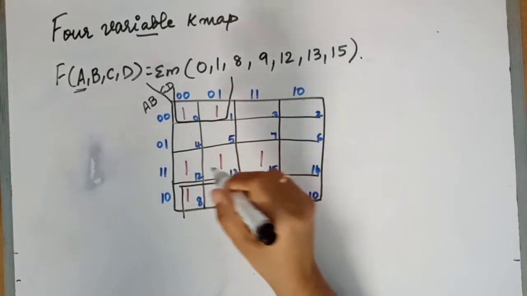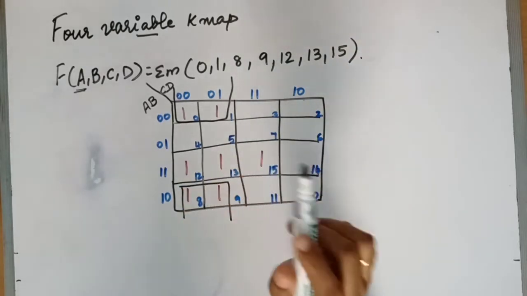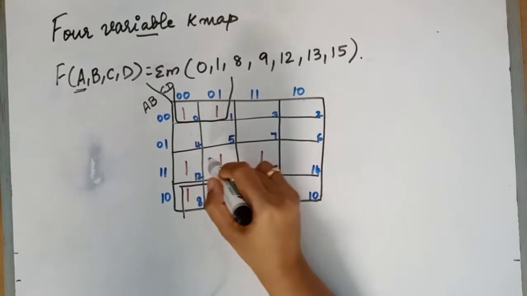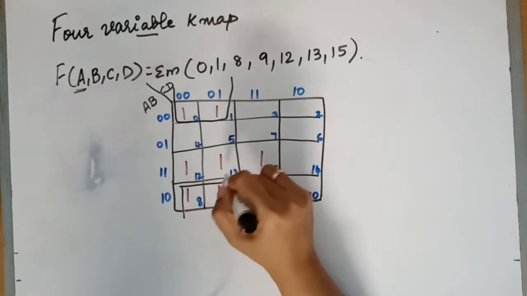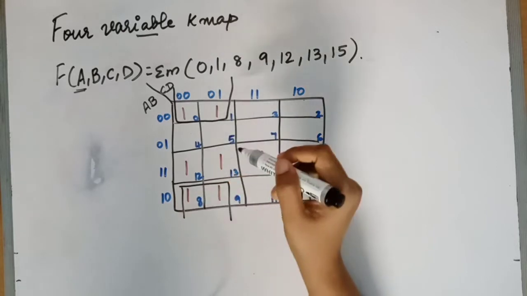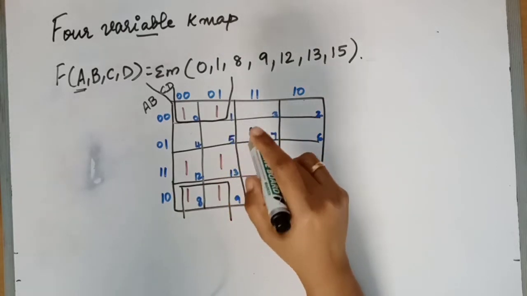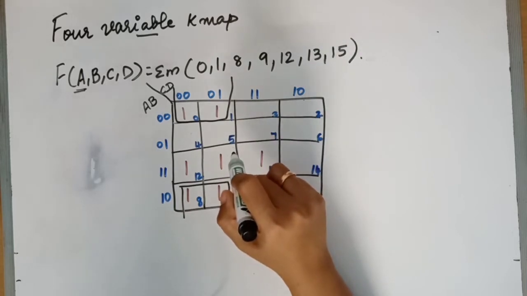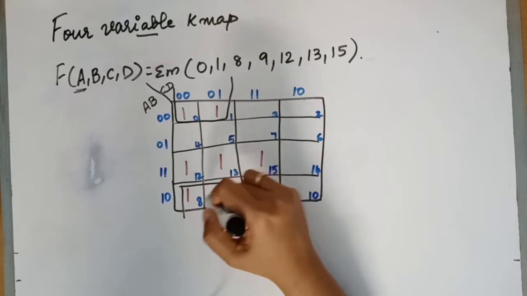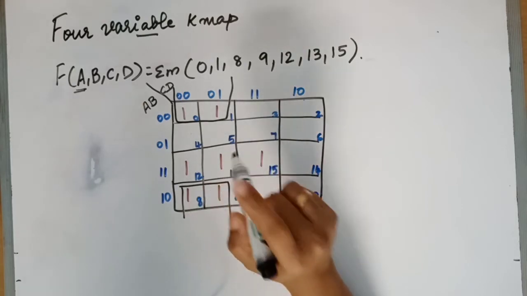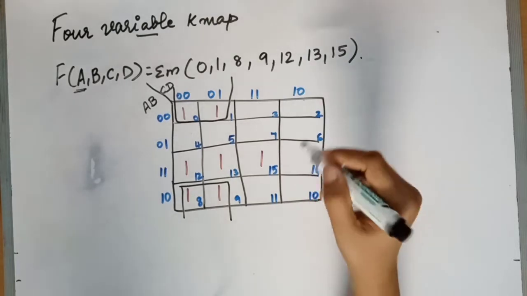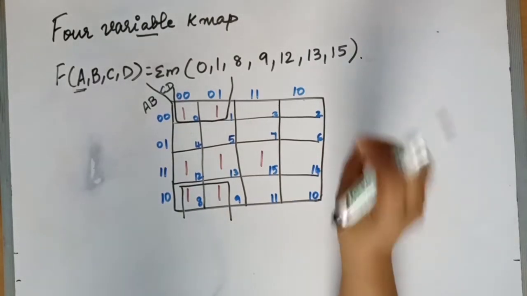Now second group. Now you have 3 more ones to group. So these 2 ones, how can you group it? You can group it as a group of 2, but then again the rule comes that you must group maximum number of ones possible in a group. So here these 2 ones are already grouped. So we can say that a particular one can be grouped any number of times if required.